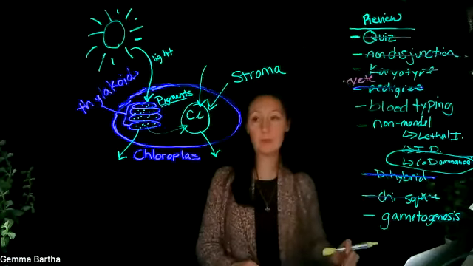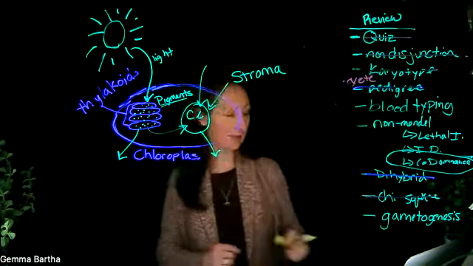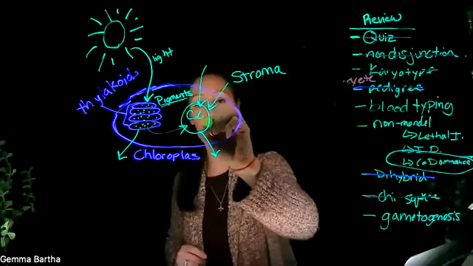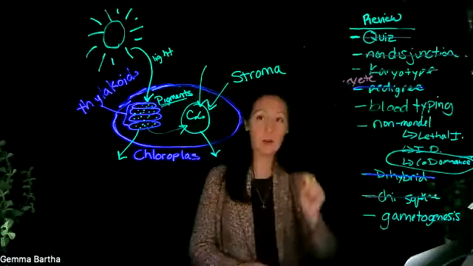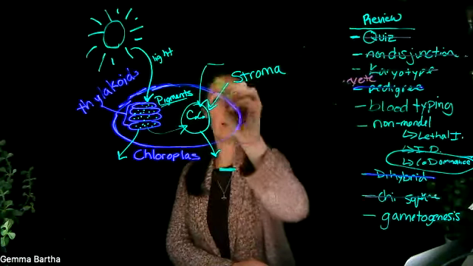So I've got some arrows. What comes out of our light reaction? So what's going on here? And what does the CC stand for here? So I want you guys in the chat. What does the CC stand for? What would be here? What would be here?